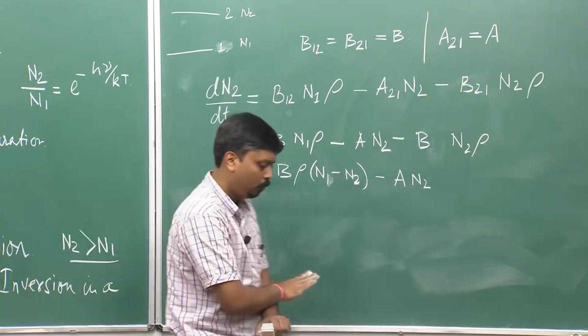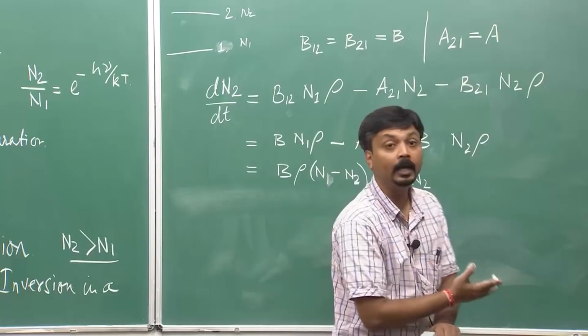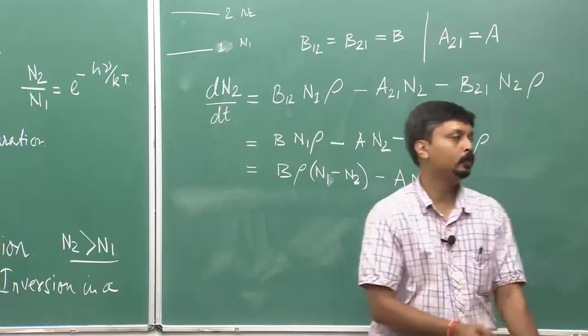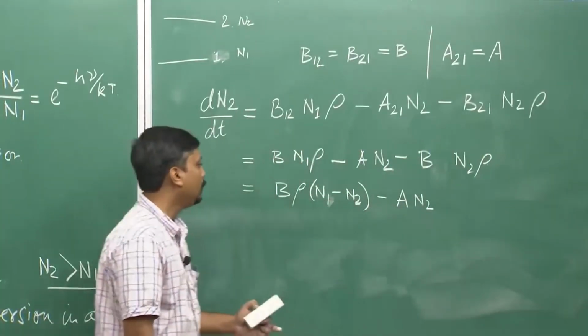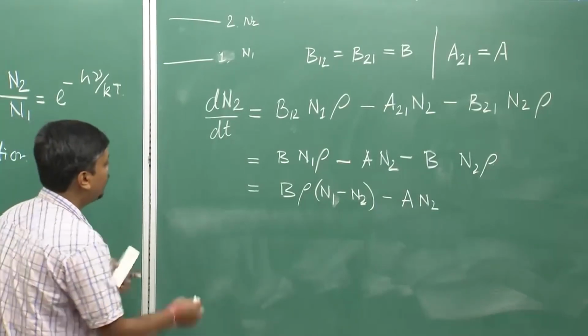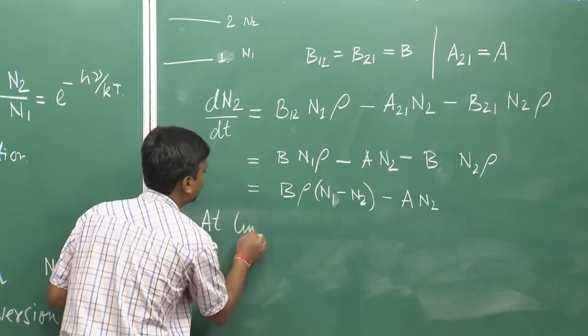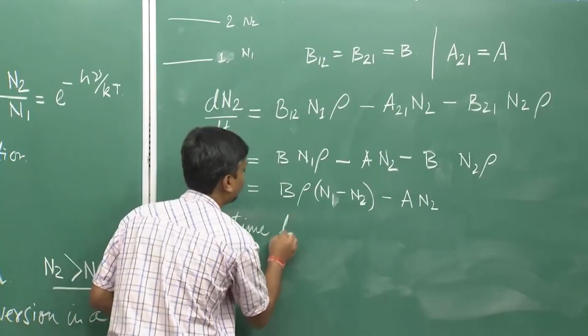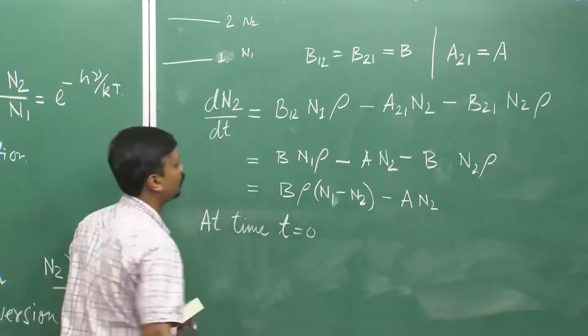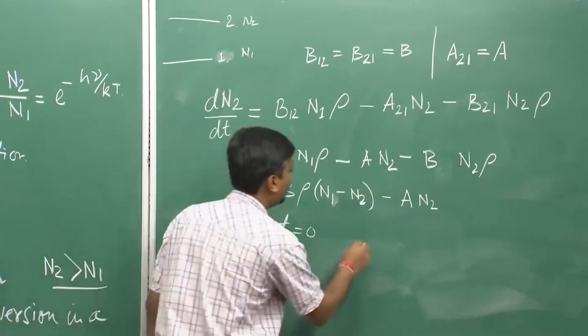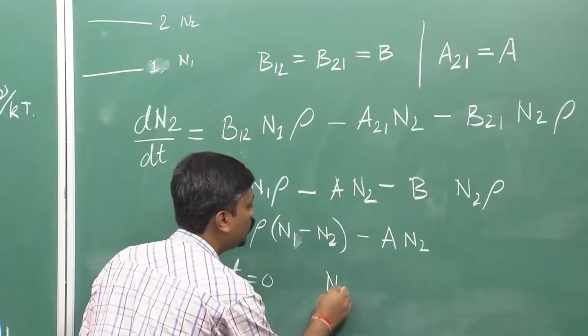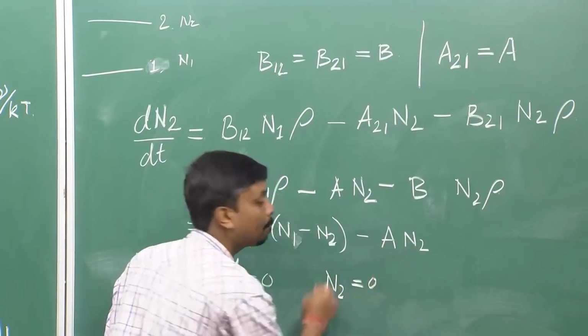So, what are the conditions that we have in our hand so that I can solve this? At time t equals 0, my N2 is equal to 0.